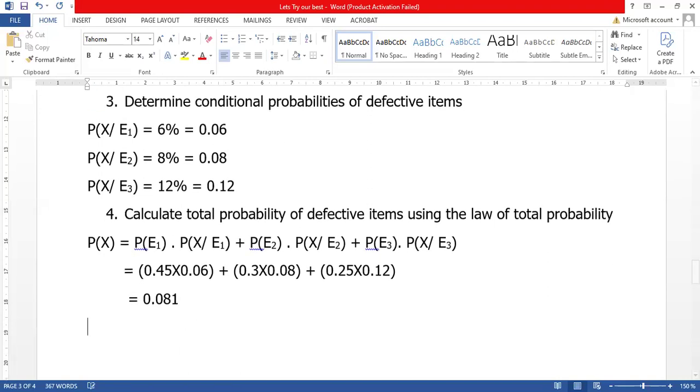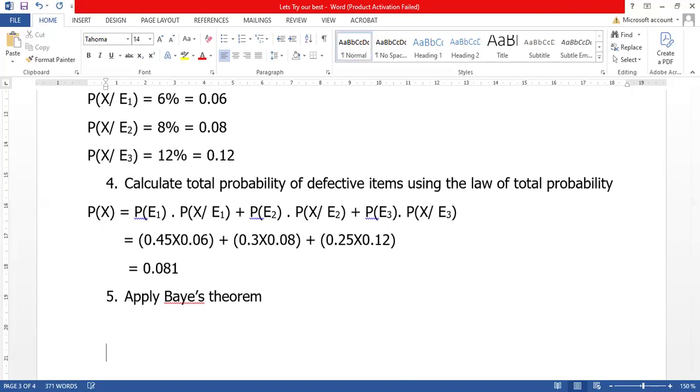Last step. Step number 5. Apply Bayes theorem. And what is the Bayes theorem rule? Do you remember?